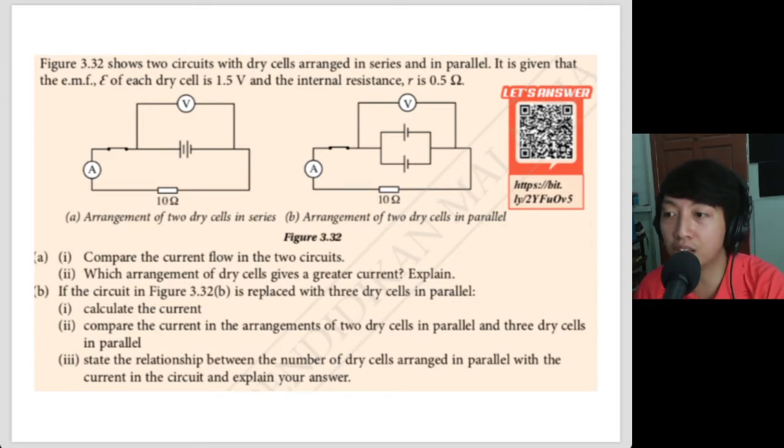In circuit number 1, what is the internal resistance of the battery? And in circuit number 2, what is the effective resistance of the 2 batteries in parallel? That's the first thing we're going to find out.